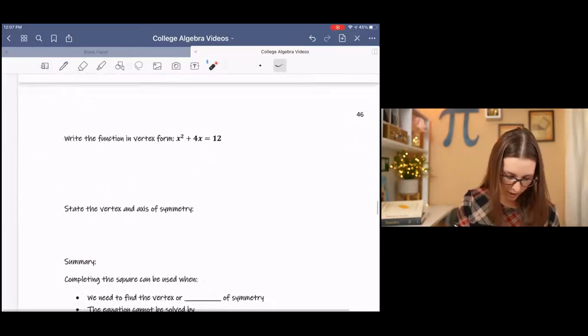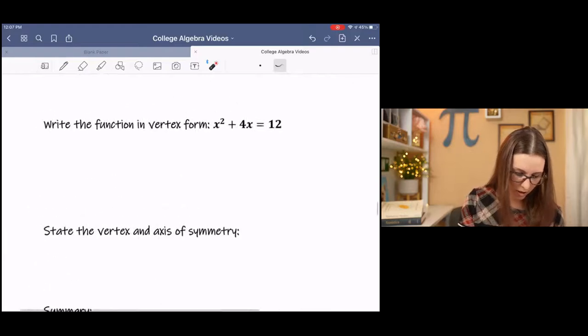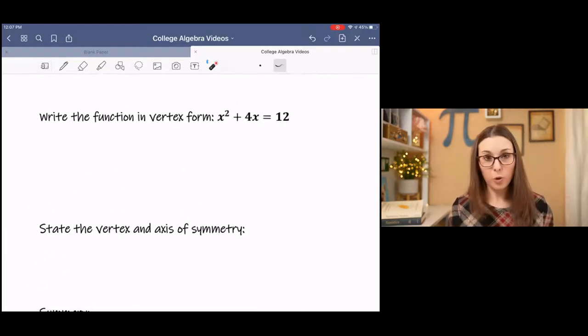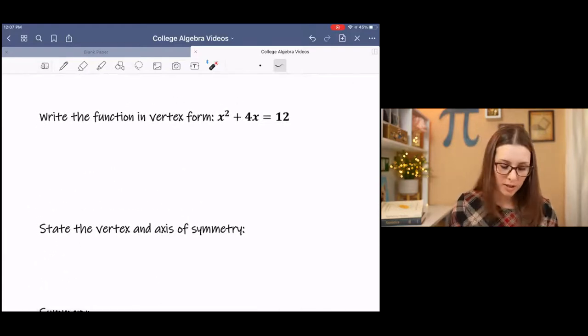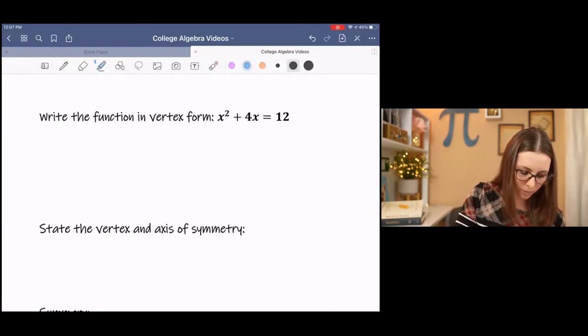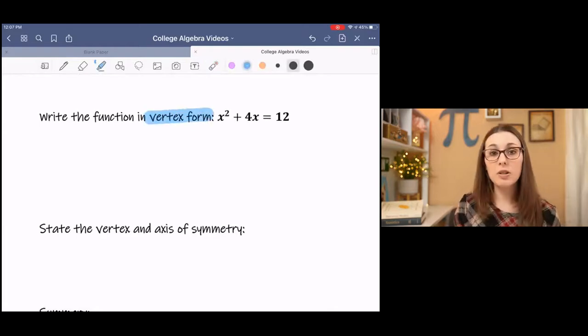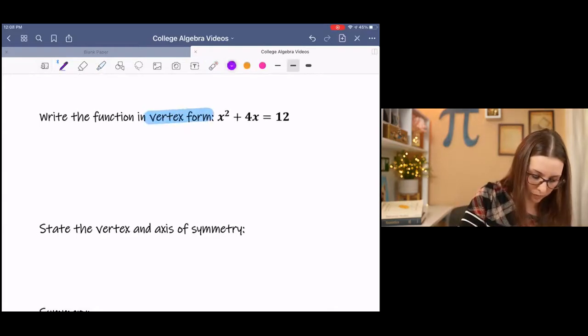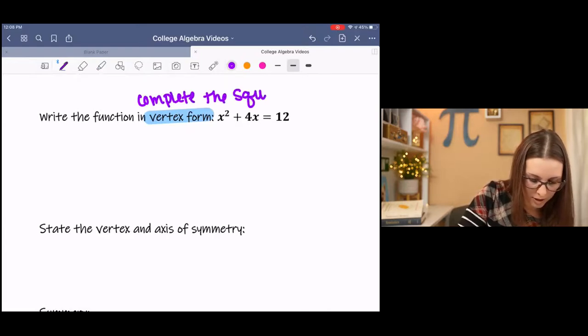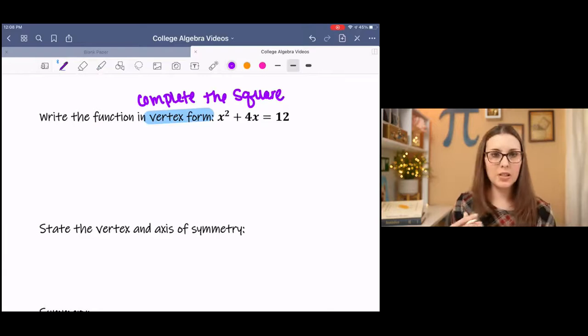So let's practice that a little bit. Write the function in vertex form. So when it says write the function in vertex form, it's asking you to complete the square. And in this particular problem, the C value is already moved over.